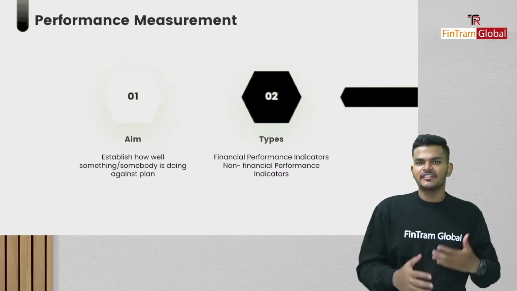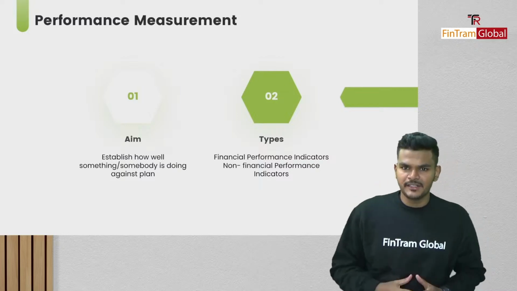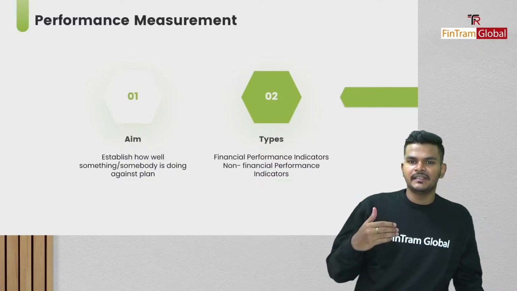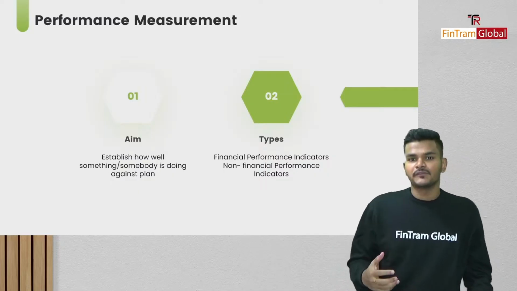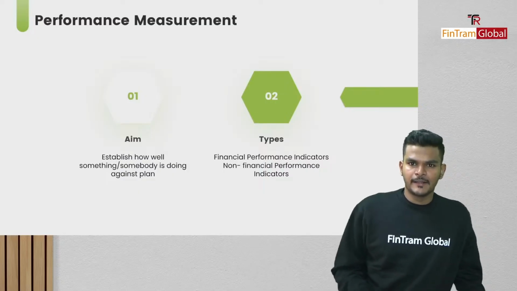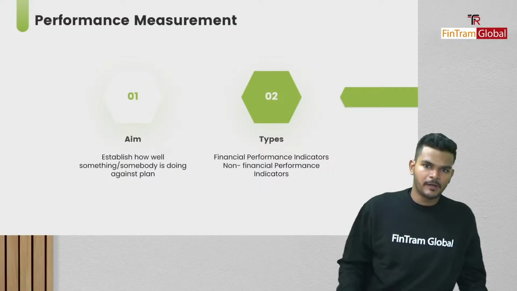The day-to-day management of the company to achieve that objective is known as performance management. Whereas performance measurement is measuring the performance of the organization using ratios, non-financial measures, and several other aspects.